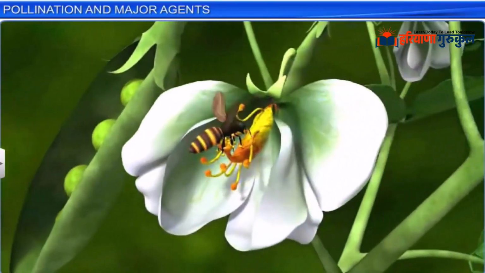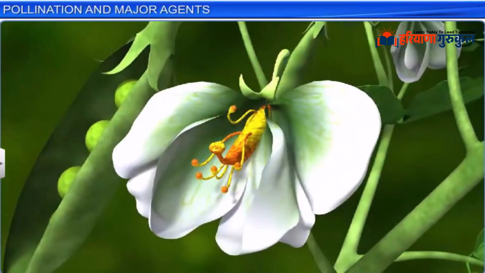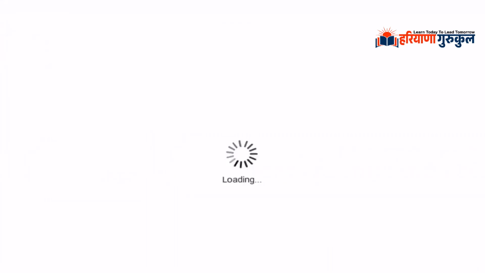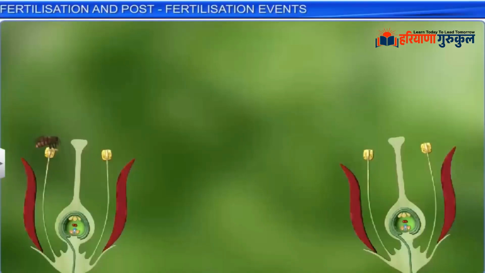An important process that ultimately leads to fertilization and the production of seeds in plants. In flowering plants, pollination is an important mechanism that aids in transferring the pollen released from the anther to the stigma of the flower.